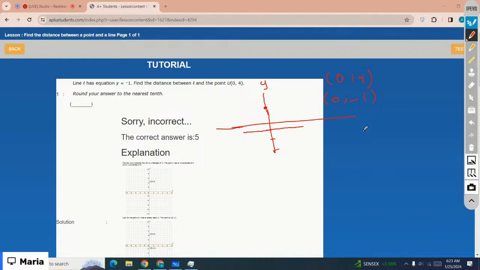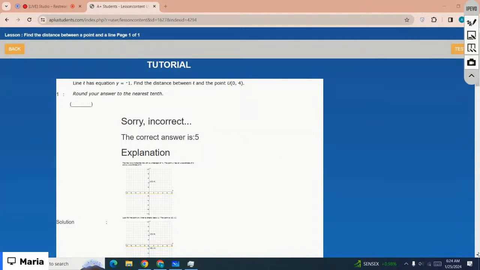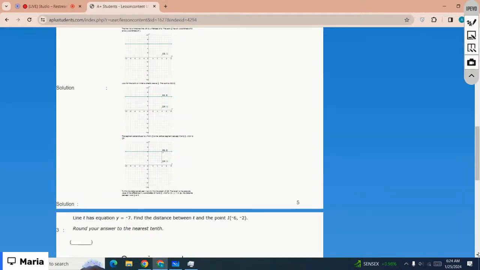So calculate the distance for negative 1 and 4. What I did, I simply plotted the equation on the graph. The coordinates of this line are 0, negative 1, and the coordinates for this point are 0, 4. So just calculate the distance by subtracting y2 minus y1, that is 4 minus negative 1, which gives 5. So the distance between the point and the line is 5.